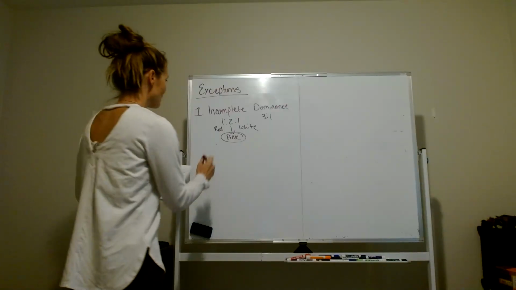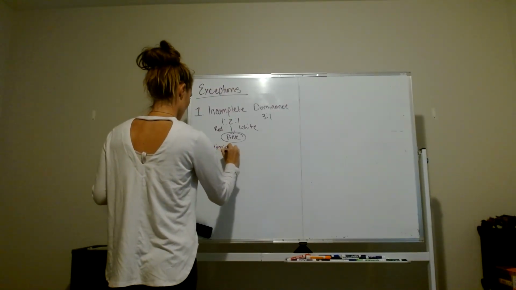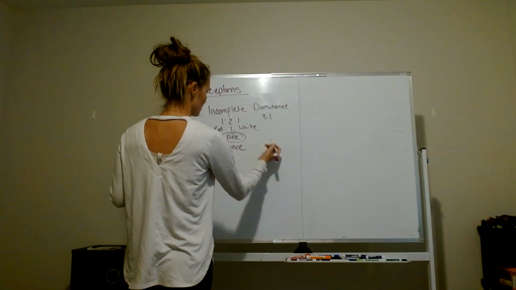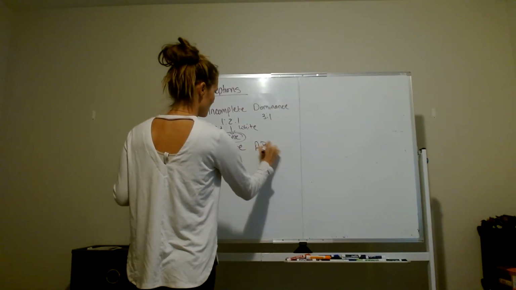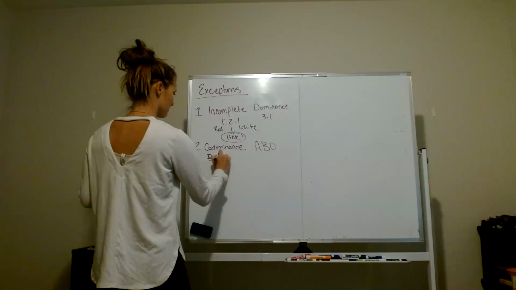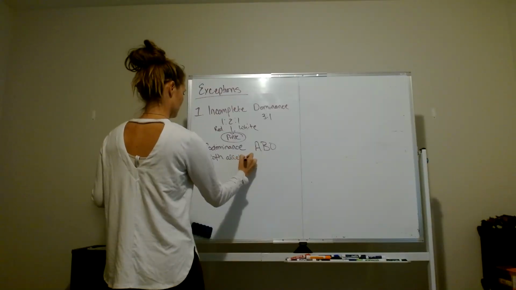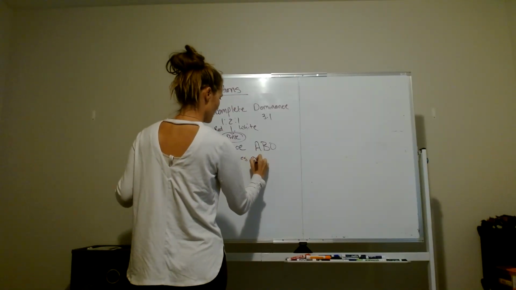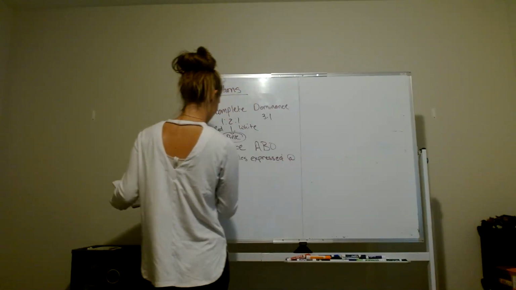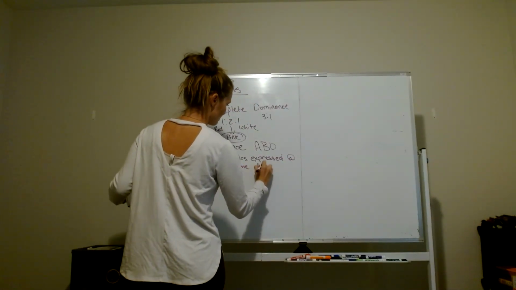Okay. We have codominance. So this is like red blood cells, the blood typing, A, B, O. Both alleles are expressed at the same time. So this would be AB blood.